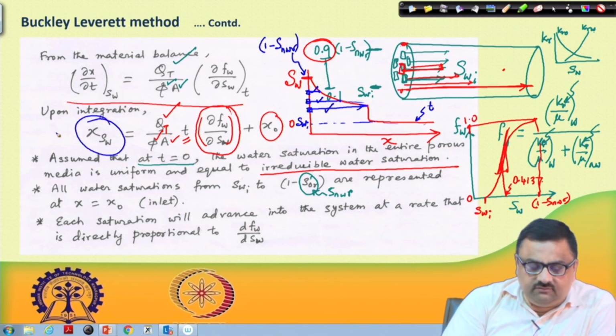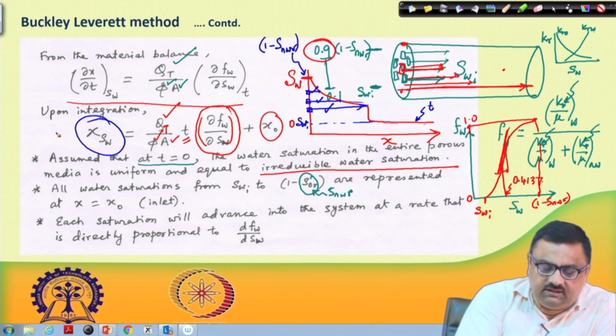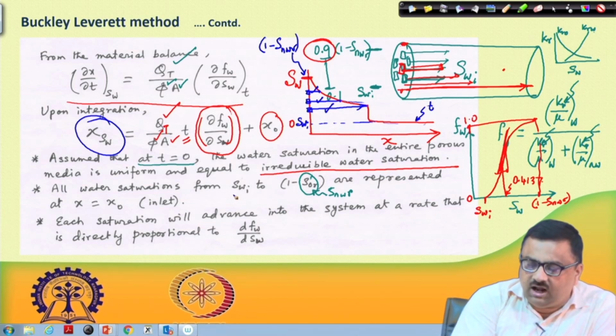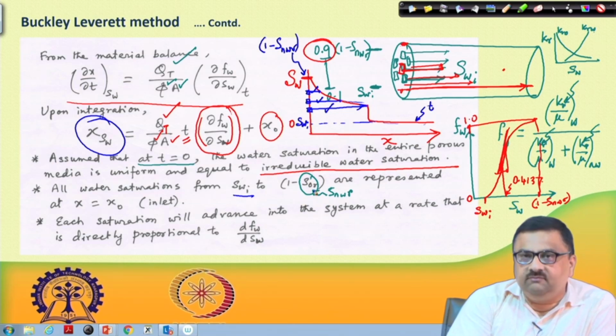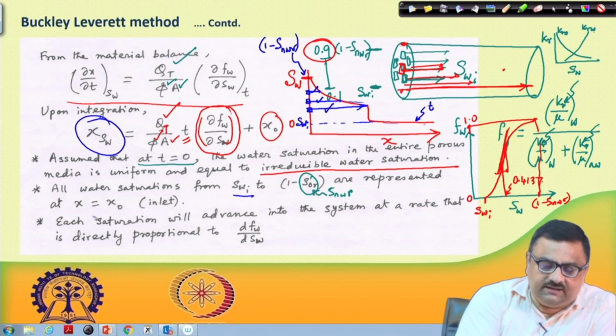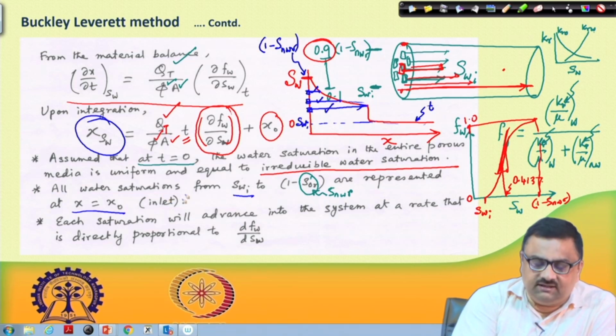Now, if we look at how it has been articulated here, all water saturations from SWI to 1 minus SNWR or 1 minus SOR (NW is the non-wetting phase, O is the oil, they are used synonymously here) are represented at x equal to x0, which is the inlet, or rather x equal to 0 for our purposes.